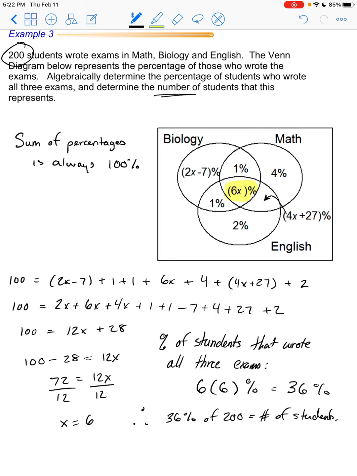So we can just go, that's equal to, on your calculator, 0.36 multiplied by 200 is equal to 72 students. And they wrote all 3. And there we go.